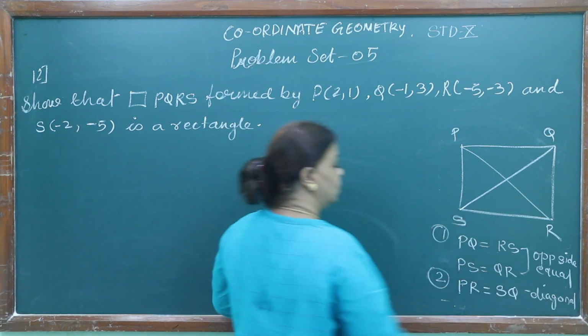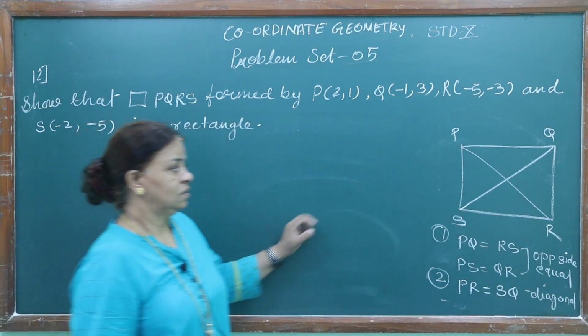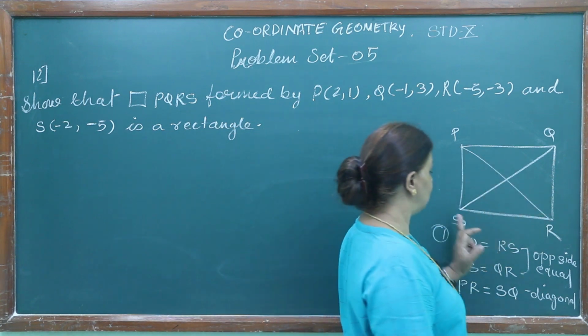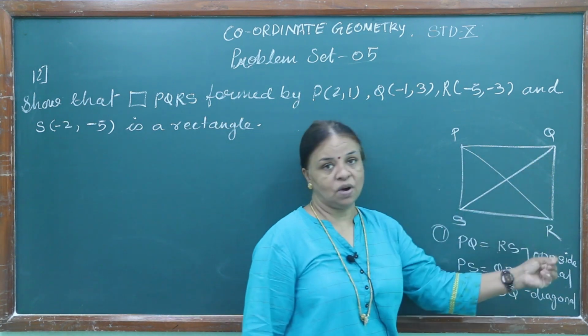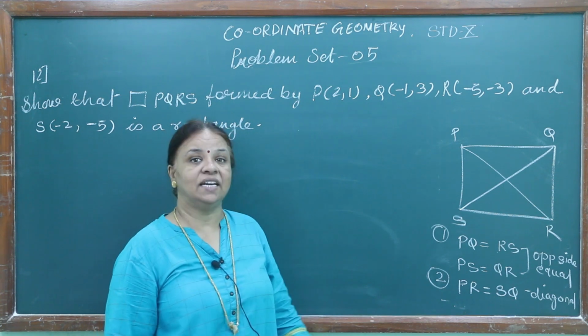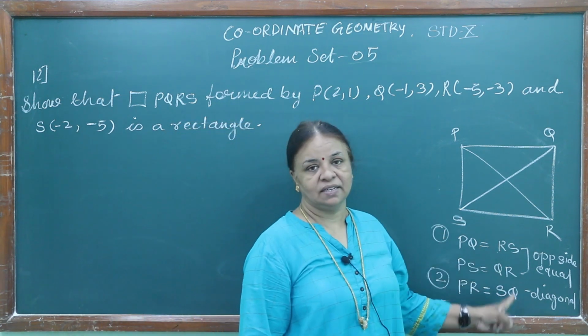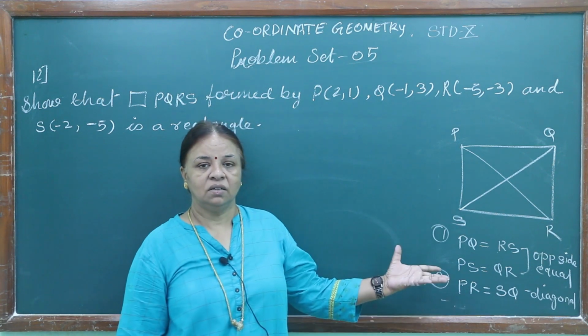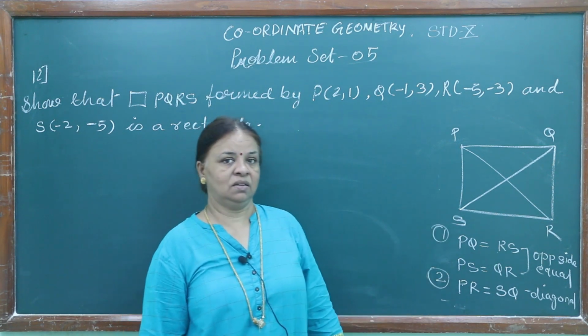Okay. So when we can show that PQ is equal to SR, PS is equal to QR, opposite sides are equal, and diagonals are equal, length of the diagonals are equal, then we can say it is a rectangle.